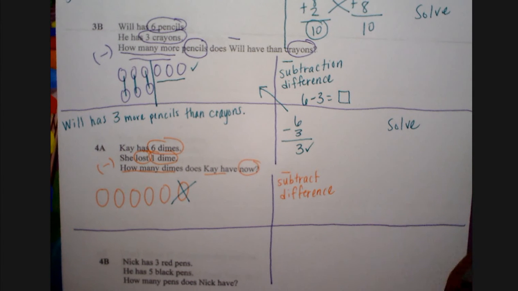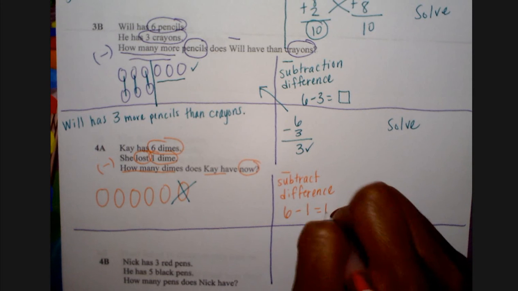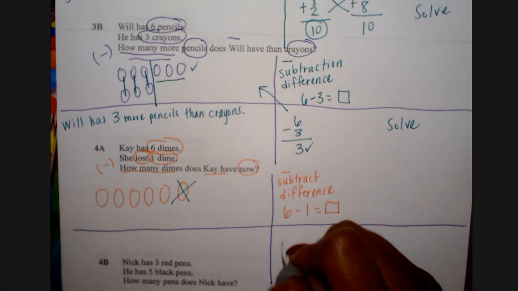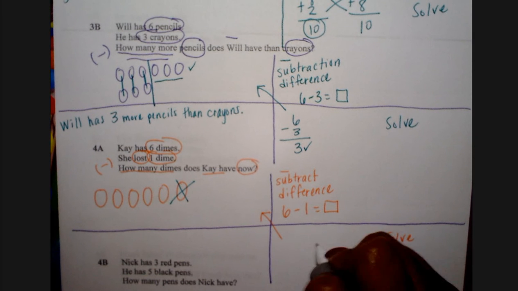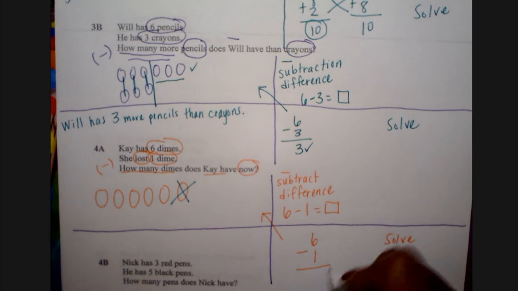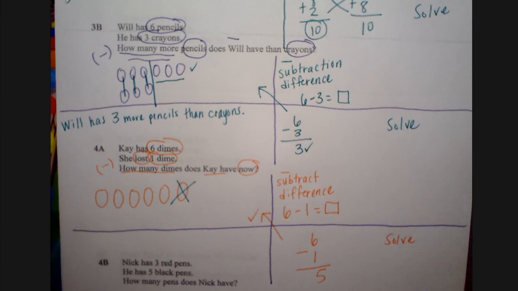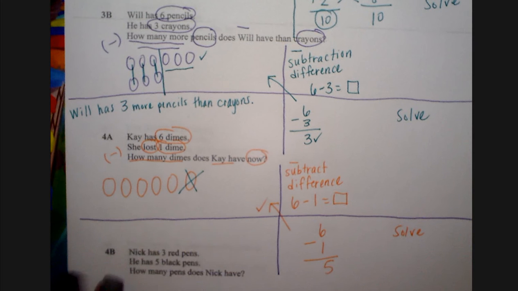In subtraction, the bigger number goes first, so 6 minus 1 equals solution box. Again, here is where we solve, and it should match. One, two, three, four, five, they match. We reiterate the question, how many dimes does Kay have now?